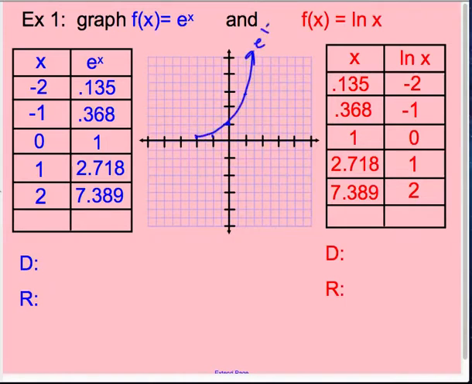So remember, all exponential growth functions where the base is greater than 1 will look something along these lines. And then all of the natural log functions, remember, inverses graphically are reflected across the line y equals x. So when I flip these points around, oops, that's negative 1, so we go here.